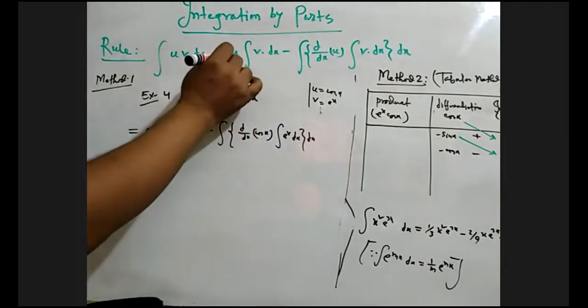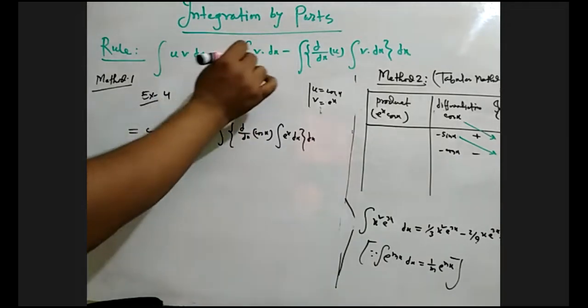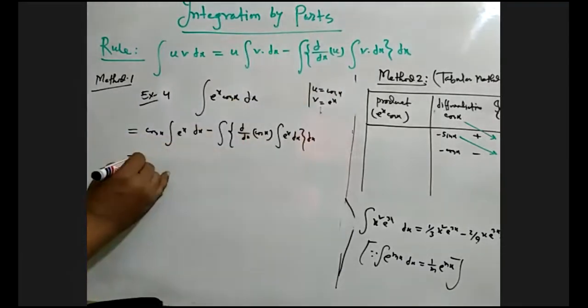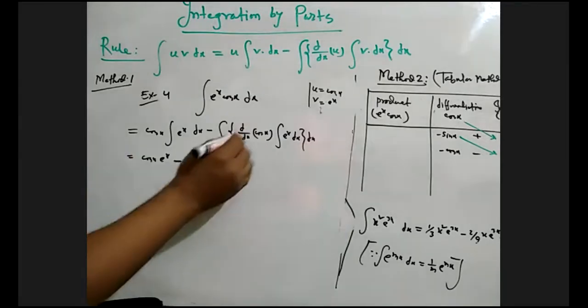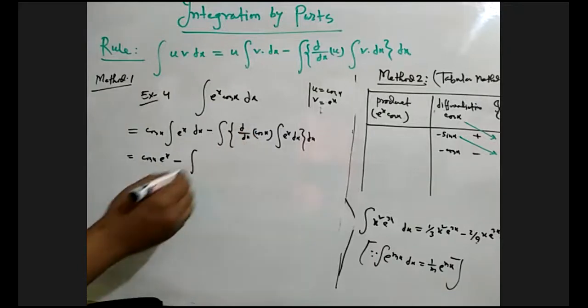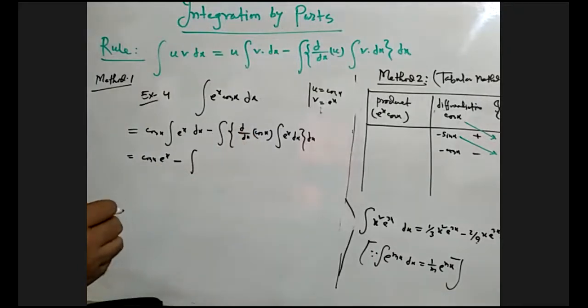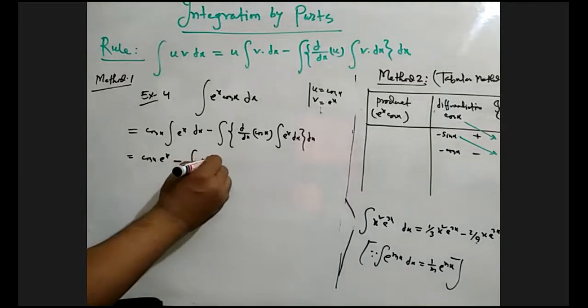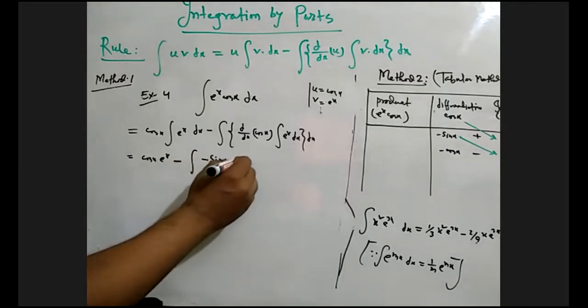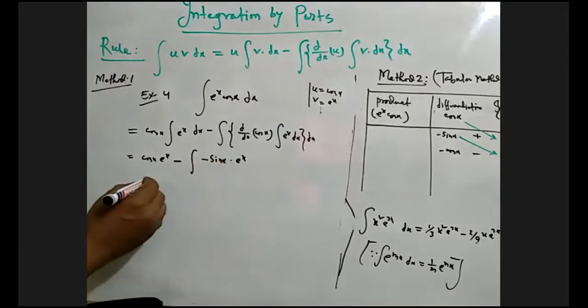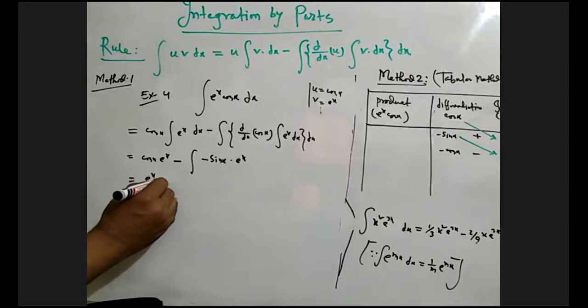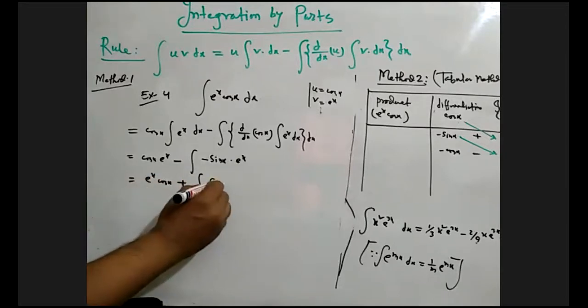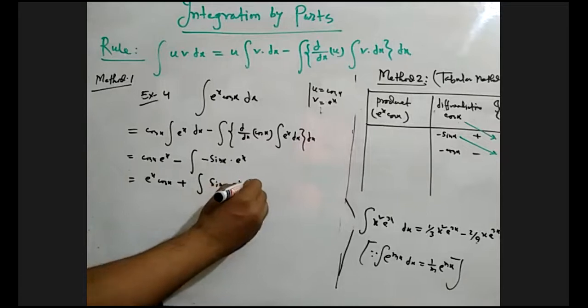Putting here, cos x e to the power x, integration of e to the power x, minus the differentiation of cos x, which is minus sin x, into e to the power x. Minus minus plus, integral of sin x e to the power x dx.